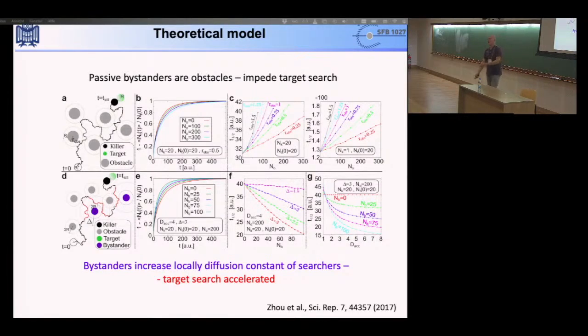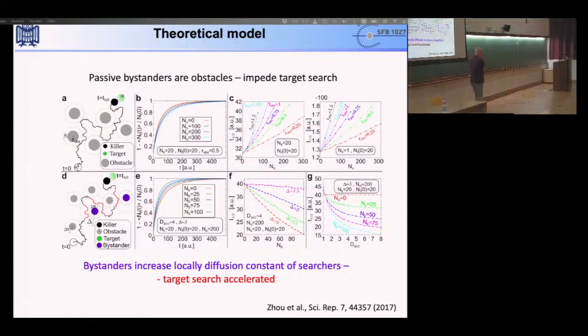That is what I call acceleration. And when we simulate that, you see again the same curves, but now the inverse tendency, namely that with the increasing number of bystanders, the half time drops. So that would be the prediction of your conclusion: they must be accelerators.